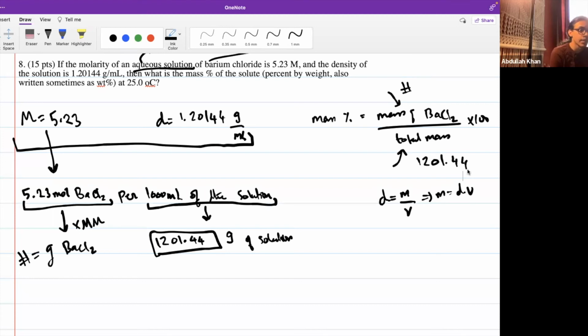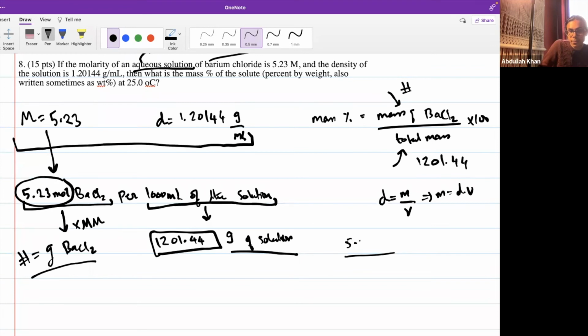Molality is moles divided by kilograms of solvent. You have your moles, 5.23, but then you take the 1,000 milliliters of the solution, you convert it into grams of the solution, you take your 5.23, you convert it into grams of solute and subtract, and that goes into the denominator for molality. 5.23 divided by the subtraction. So that's a variation on this one.